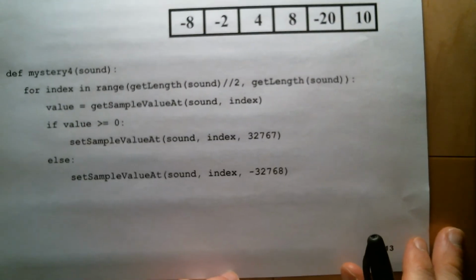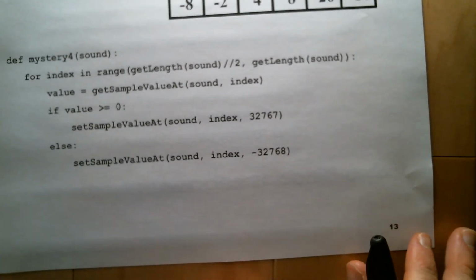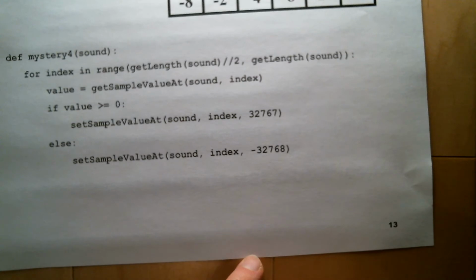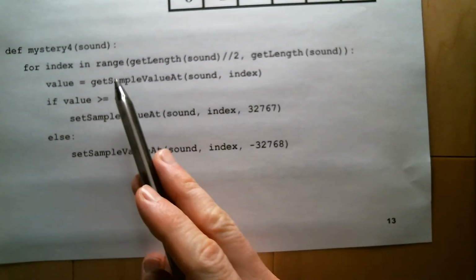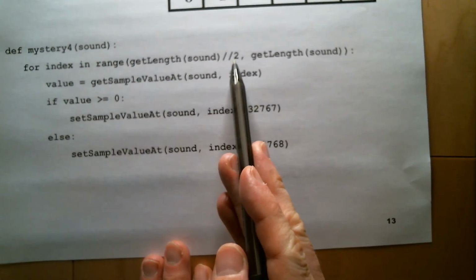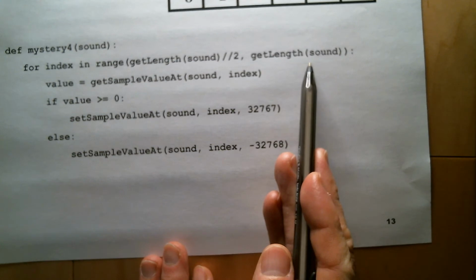All right, let's take a look at another one here. Mystery 4. So this one's a little more involved, but again, same sort of things going on here. So for index in range, get length of sound divided by 2, comma, get length of sound.